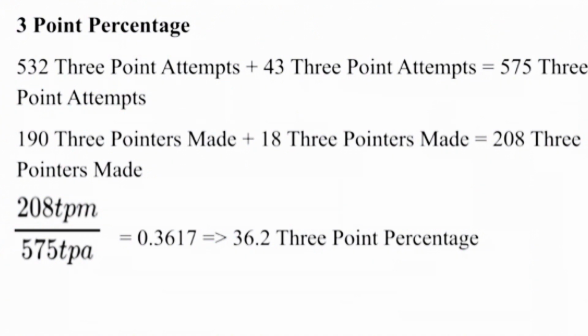We then divided 208 by 575 and got 0.3617. We then rounded to 36.2. We repeated the same procedure for field goal percentage and free throw percentage.